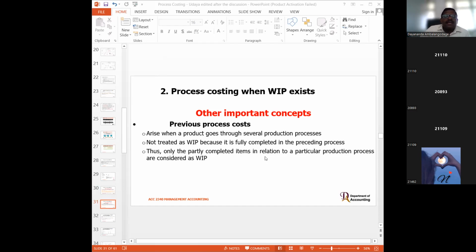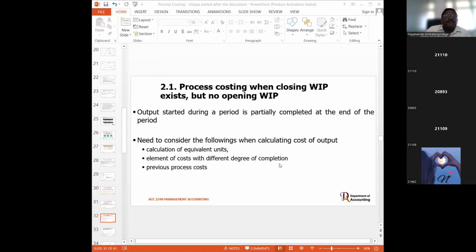Output started during the period is partially completed at the end of the period. You need to consider the following when calculating the cost of output. We are talking about the closing WIP, not the opening here. No opening, but closing. Calculation of equivalent units, elements of cost with different degrees of completion, and previous process cost. So that's very important.